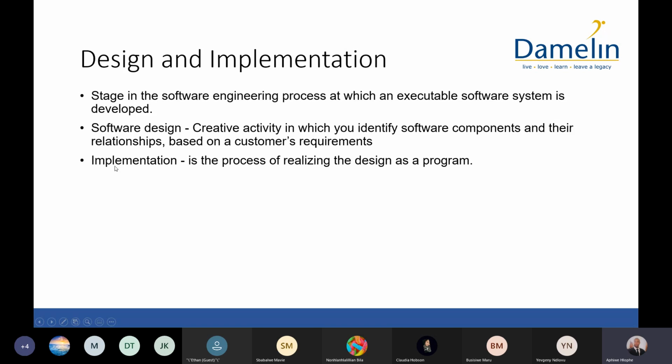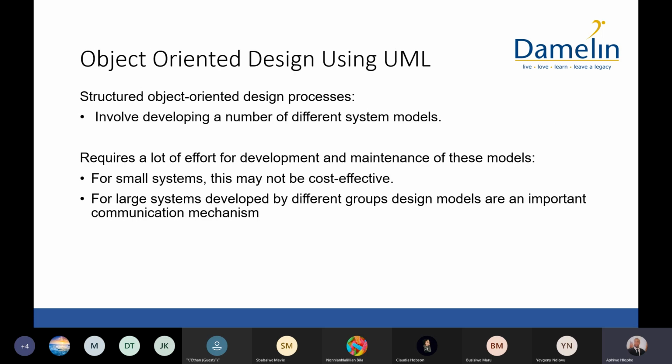And then when you're talking about implementation, it's the actual process of executing or carrying out this particular software that was conceptualized during the design phase. It's the process of realizing the design as a program, converting design into an actual working program.